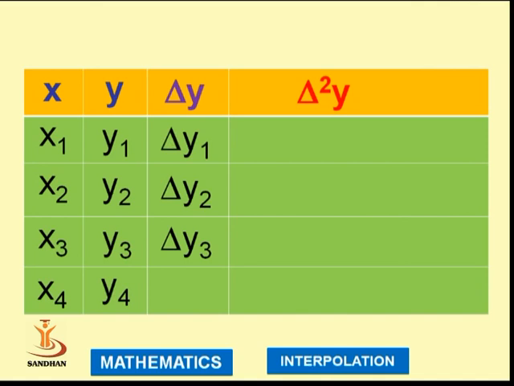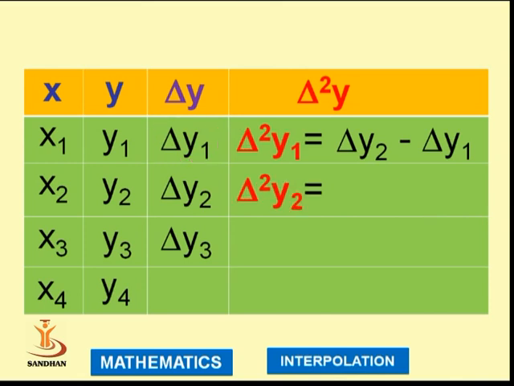So delta 2y1 is given by delta y2 minus delta y1. So it is the difference corresponding to the values of the first order forward differences. Similarly, delta 2y2 can be computed as delta y3 minus delta y2.